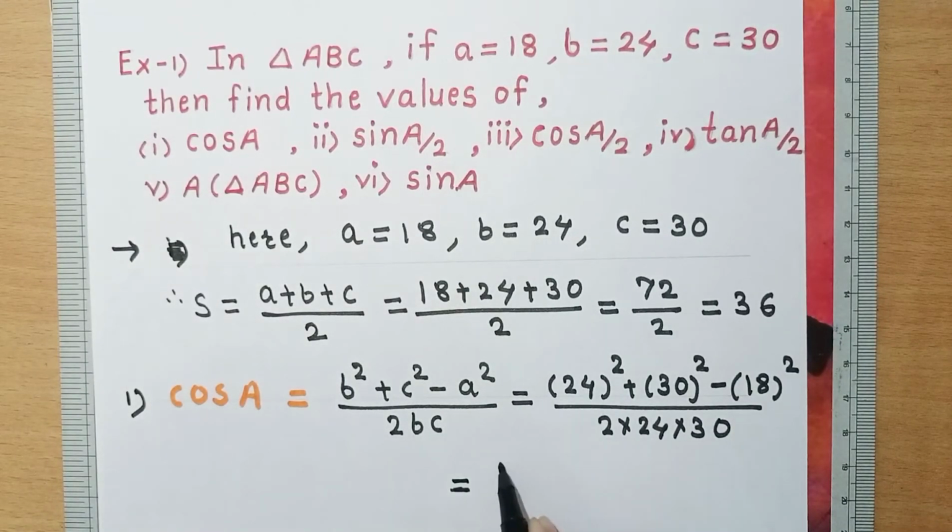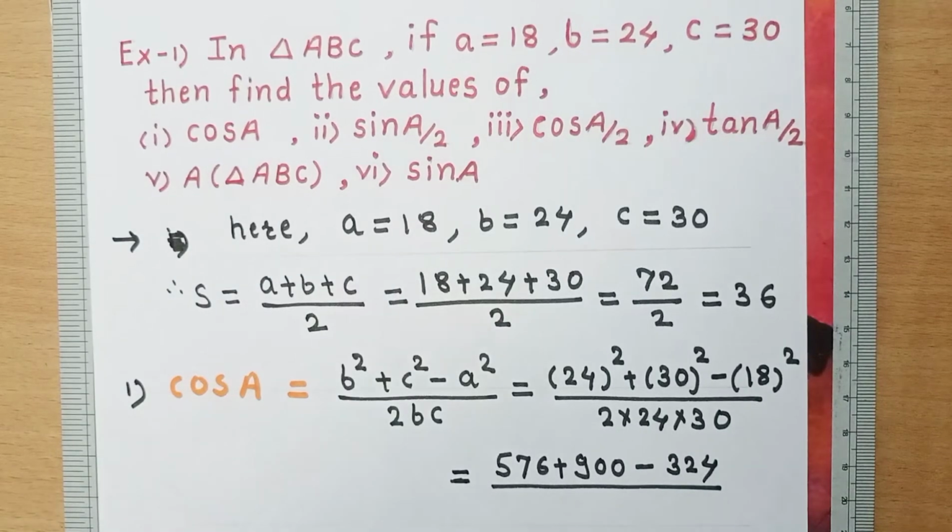Now 24 square is 576, 30 square is 900, 18 square is 324, upon the multiplication of these, which is 1440.